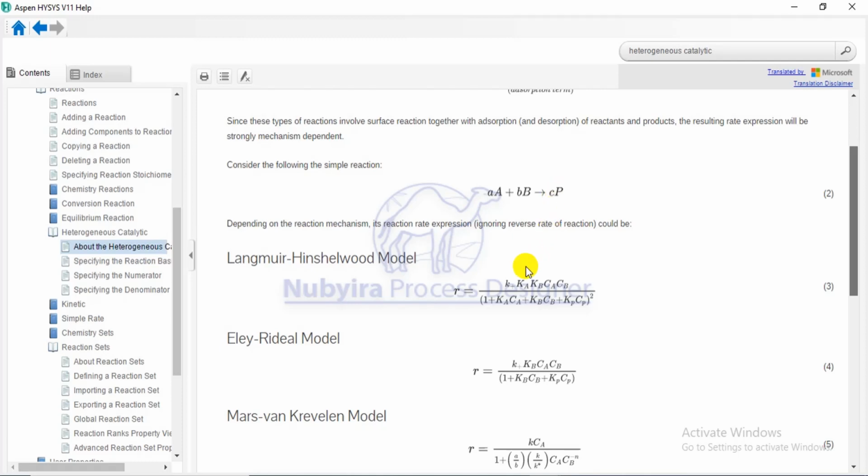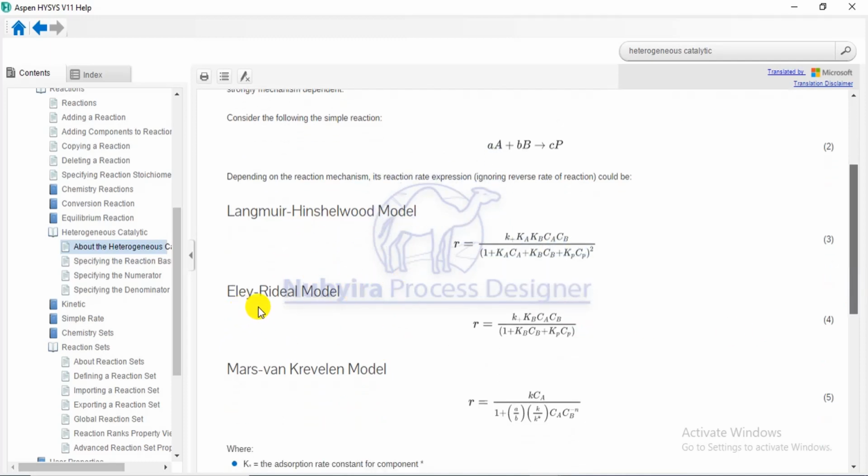The first one is the Langmuir-Hinshelwood model, which is actually the most popular heterogeneous catalytic model in use today. Then you have the Allais-Riedel model, and then you have the Mars-Van Krevelen model.